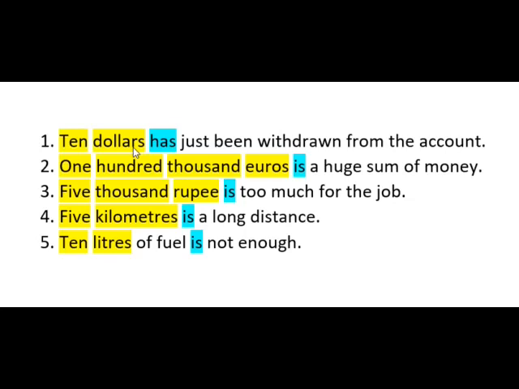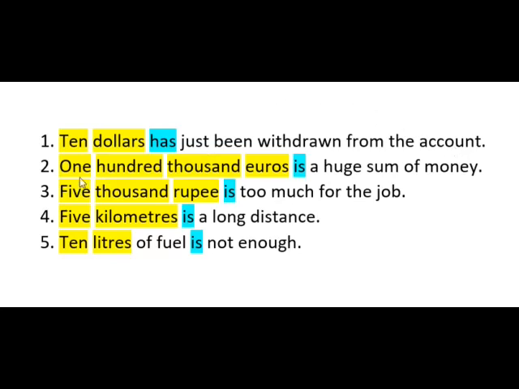But the right verb to use is the singular verb has, not have, just been withdrawn from the account. So the correct sentence is $10 has just been withdrawn from the account, not have.